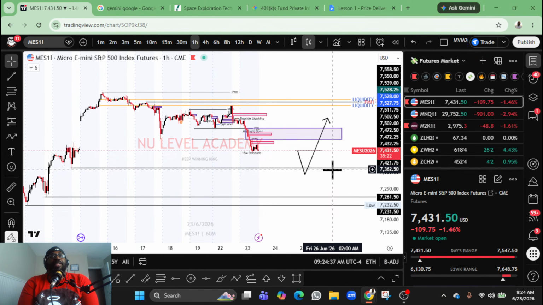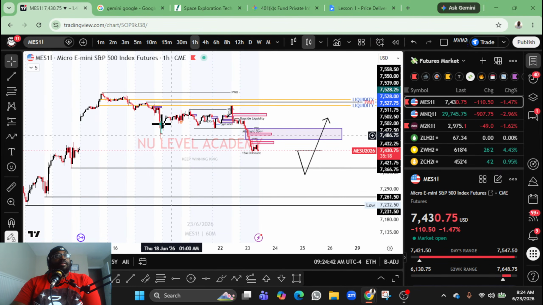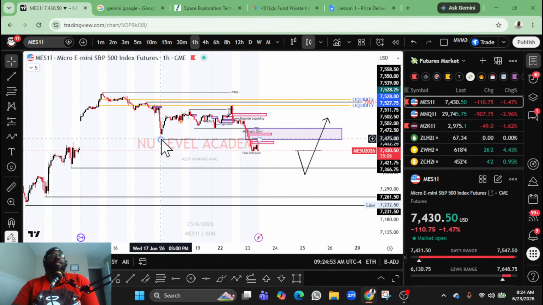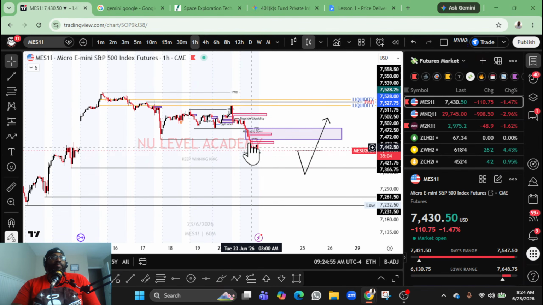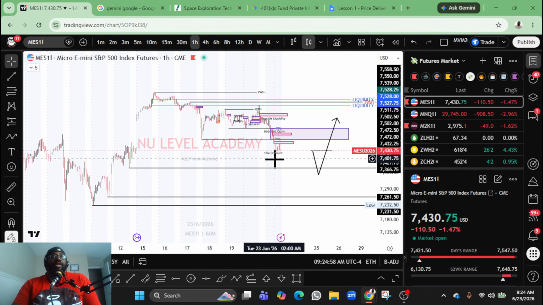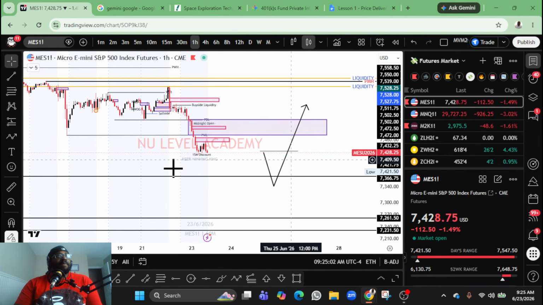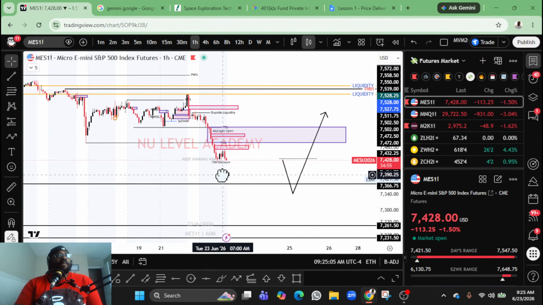Obviously, we've had a change in character here. So if you go from previous week low, which is here, right? Going to previous week low, which is there. We broke through previous day low, which gave us a change of character. And it seems as though we are starting to trade lower.